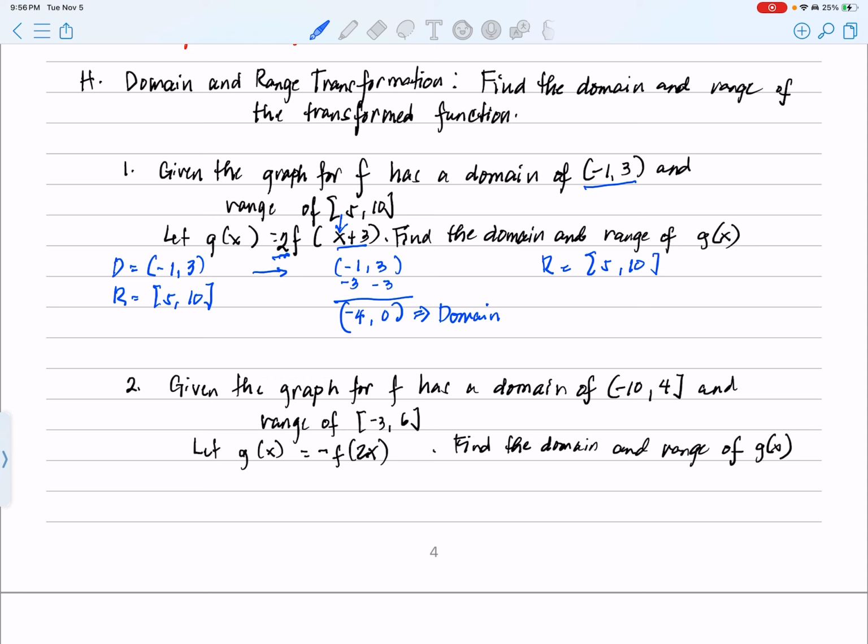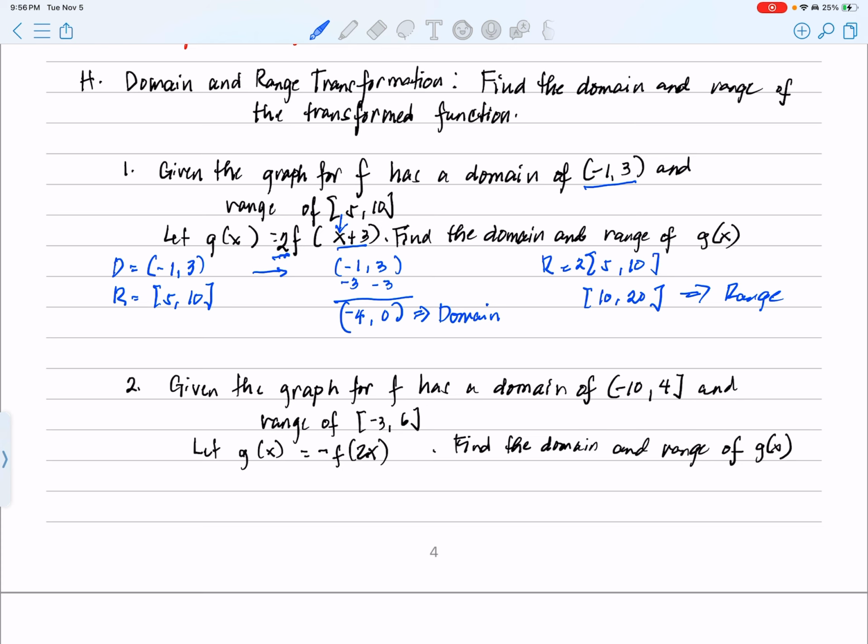That means if we have 5, 10 times 2, because we have a scale factor of 2, that would be 10, 20. This is the new range.